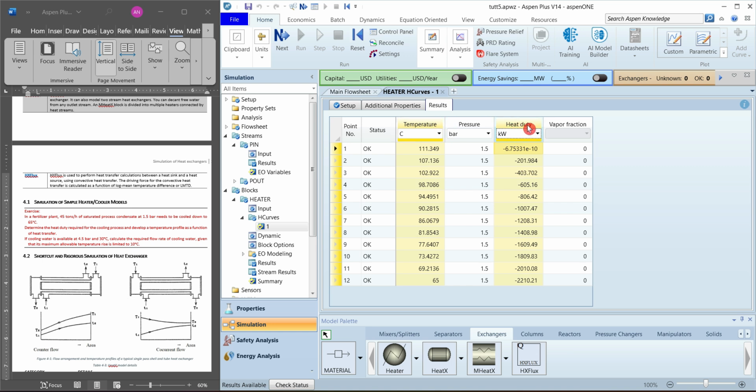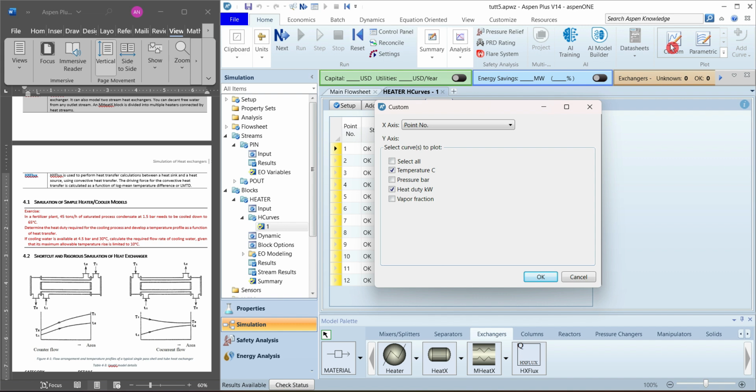Once this is okay, we can go to the plot option with the custom plot, where we have liberty to plot as per our requirement. What x-axis should we choose? It totally depends on whether we are interested in the heat duty or the temperature. So you can plot either way.